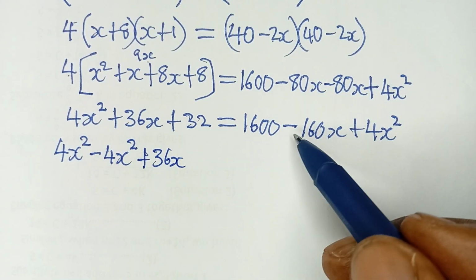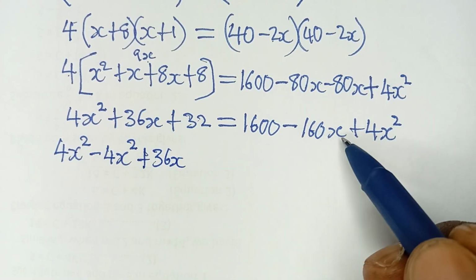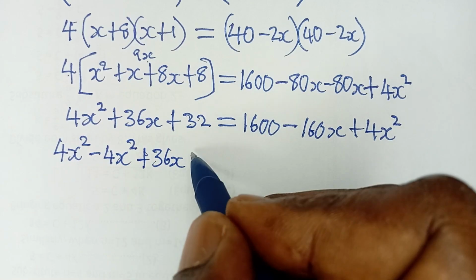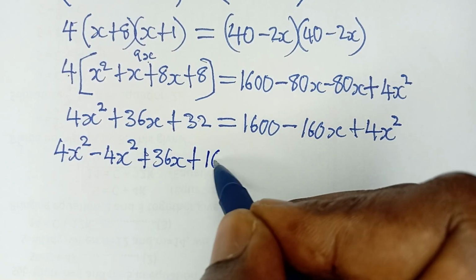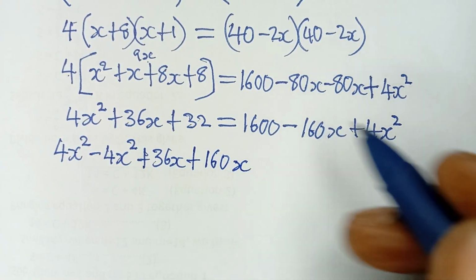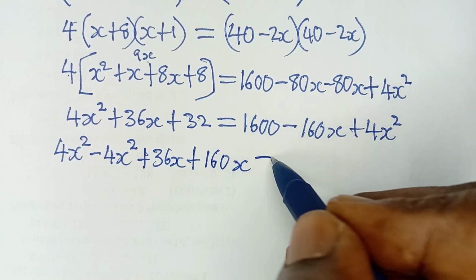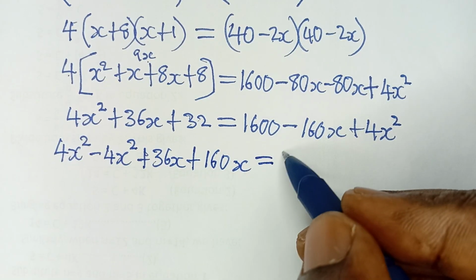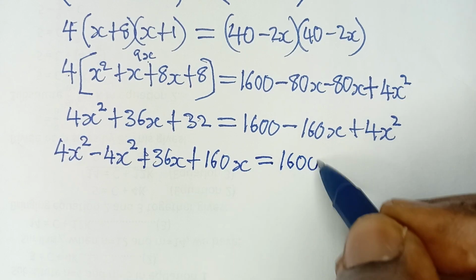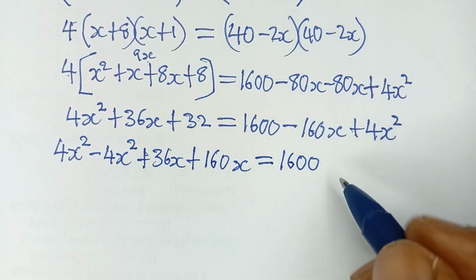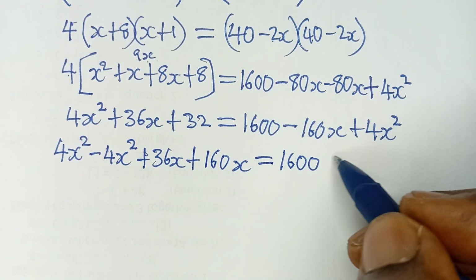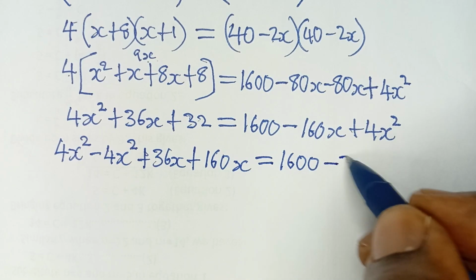I have a like term here. So negative 160x, if it comes to this side, becomes positive 160x. And that is equal to 1,600 on this side. Then this positive 32 comes to this side. It becomes negative 32.